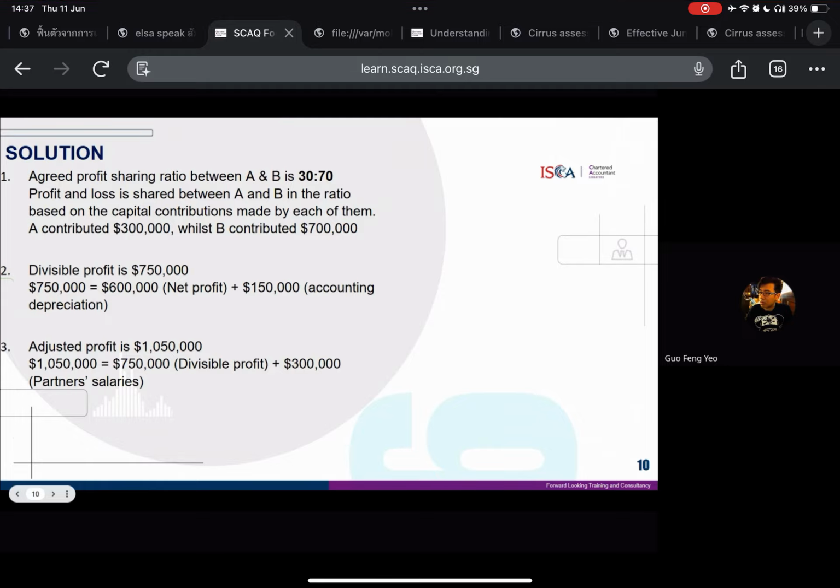Next, what is the divisible profit? So divisible profit is basically 750,000 as we added back 150,000 of accounting depreciation to the net profit. The adjusted profit itself is 1,050,000 after considering the partner's salary of 300,000 on top of divisible profit.